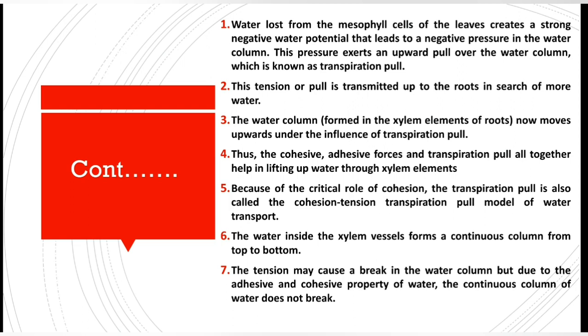According to this theory, the ascent of sap occurs due to the adhesive and cohesive properties as well as the transpiration pull created after transpiration. Scarcity of water occurs in the mesophyll cells of the leaf, due to which water is pulled from downward to upward, that is, the top of the plant. So it is the most widely accepted model to describe the ascent of sap.